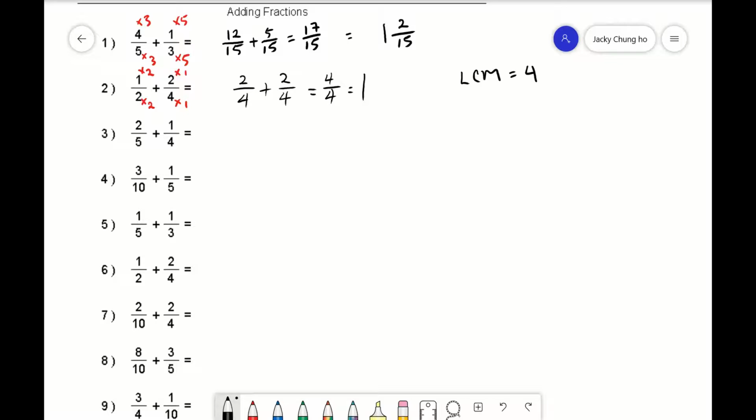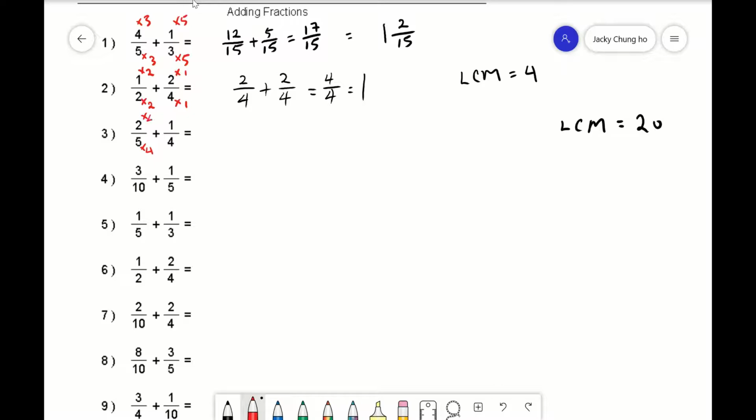The next question, number 3, 2 over 5 plus 1 over 4. The LCM in this case will be 20. Now 5 multiplied with 4 will get you to 20.